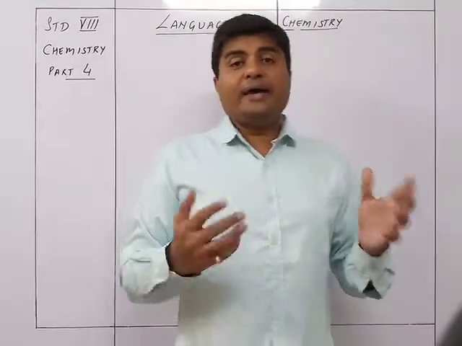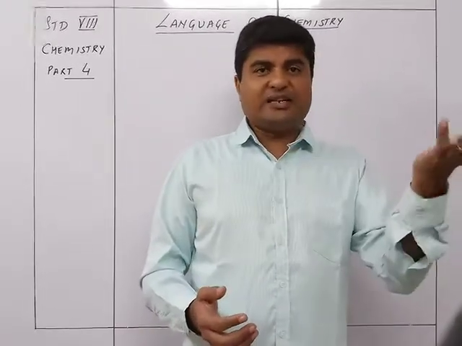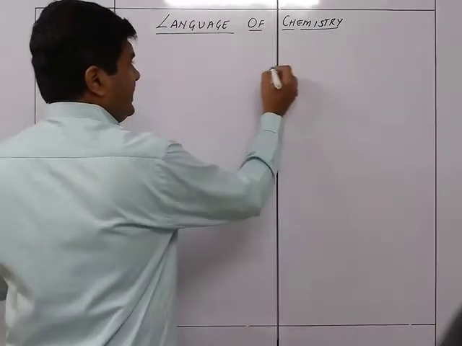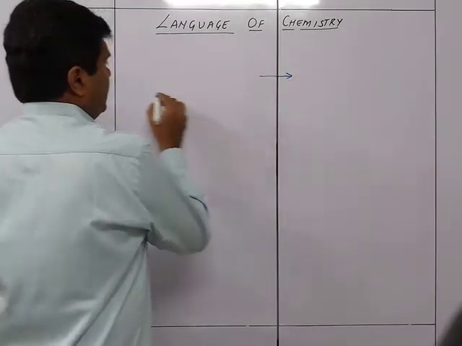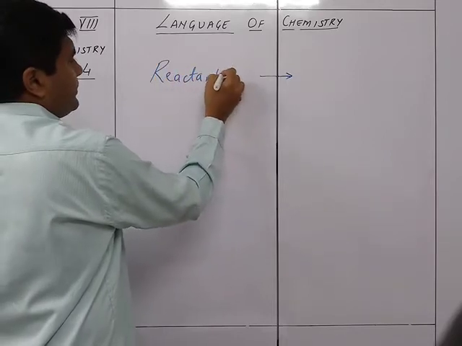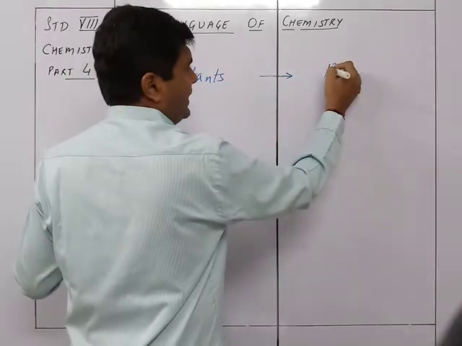So any chemical equation has got 2 sides. There is an arrow in between, so always it will be this way. This side is the reactants, and after the reactants have reacted, what is formed are the products.